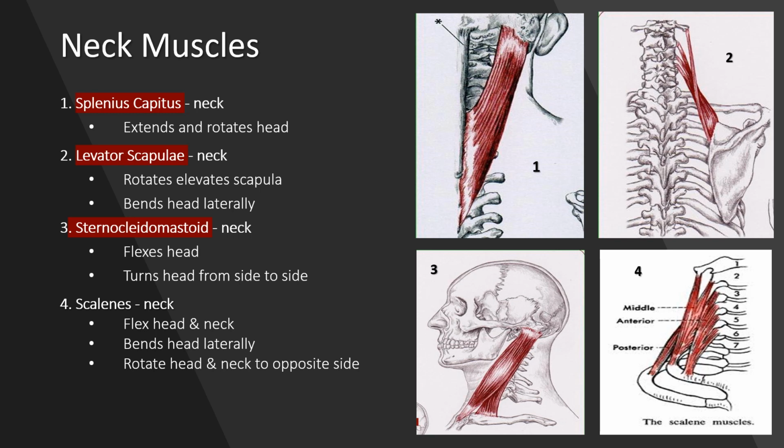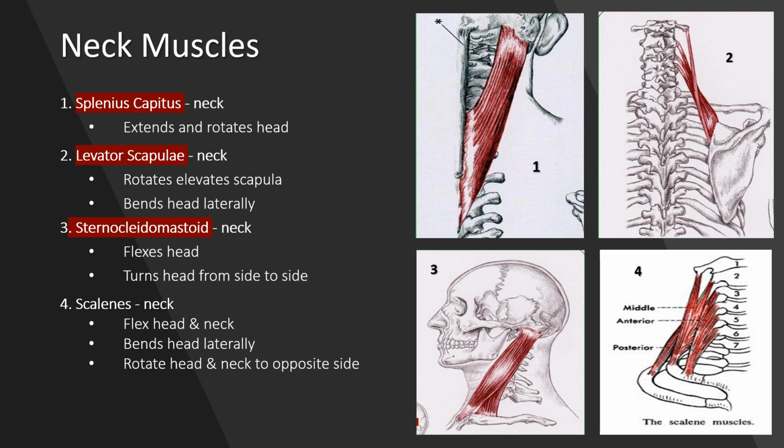So the splenius capitis being behind us, we can see the ear in that picture, so it's at the back of the body. It extends the neck when it moves together, both sides. So we've got one each side of the neck. And if we're going to turn the head to the right, then the splenius capitis muscle on the right allows us to extend and rotate. And then when we turn to the left, it extends and rotates to the left.